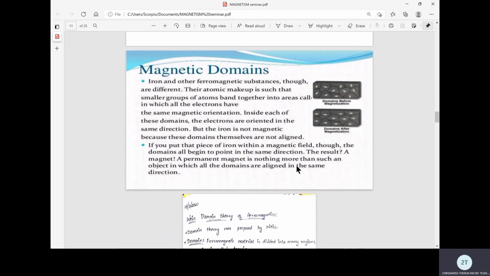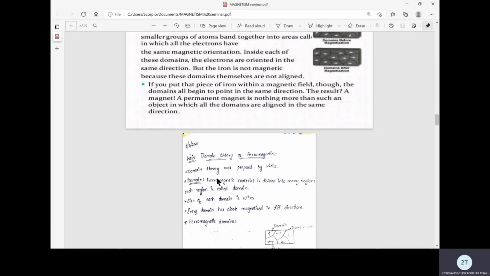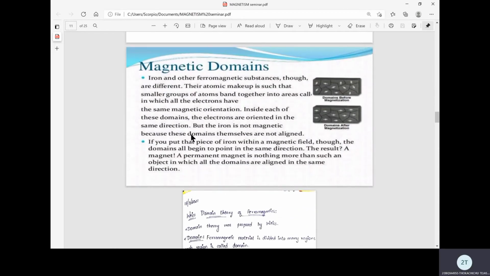Now coming to the next topic, magnetic domain. What is a domain? Ferromagnetic materials, or any magnetic materials in general, are divided into many regions, and each region is called a domain. So iron and other ferromagnetic substances are a bit different, though their atomic makeup is somewhat similar.